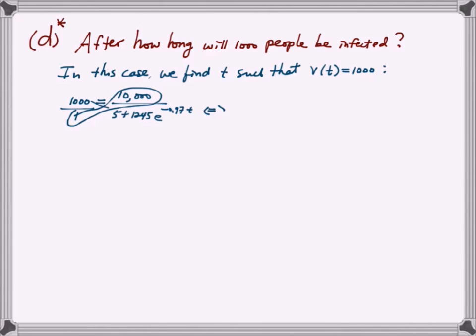This gives 10,000 equals 1,000 times the quantity 5 plus 1245 times e to the negative 0.97t. Dividing by 1,000, the right hand side simplifies and the left hand side is reduced to 10.